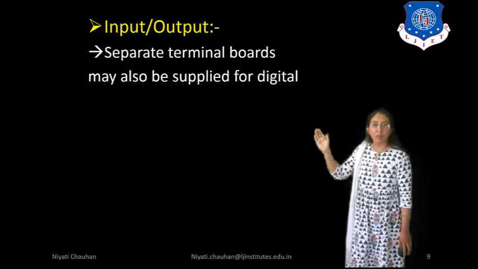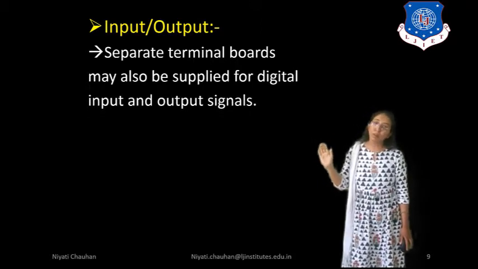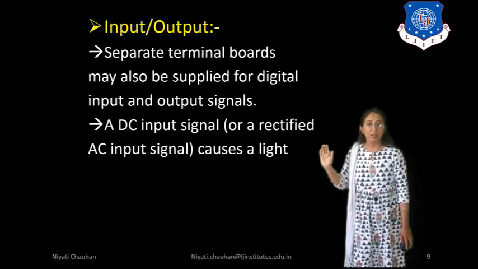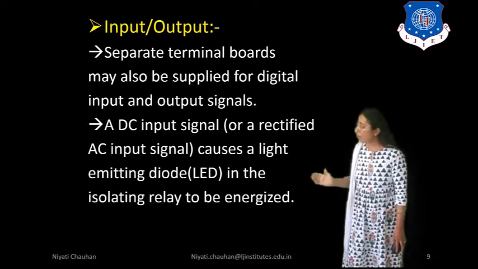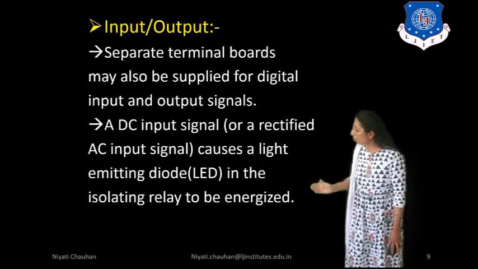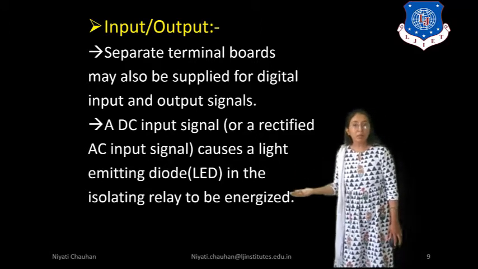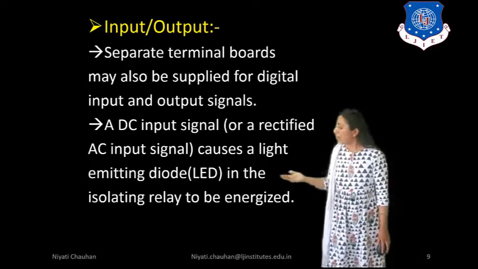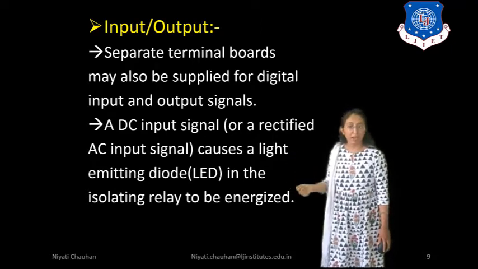Separate terminal boards may also be supplied for digital input and output signals. A DC input signal or a rectified AC input signal causes the light emitting diode in the isolating relay to be energized. So for a DC input supply we also use a rectifier, through which the LED will glow, and then the relay will also be energized.